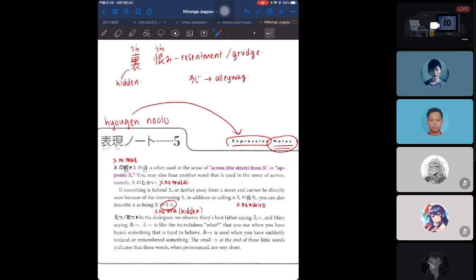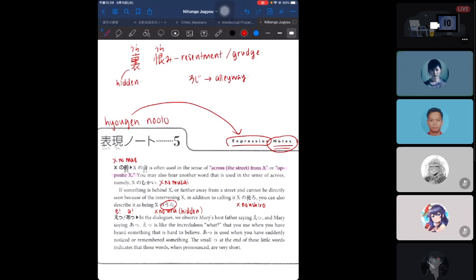And then the last one is え or あ. There's a difference between these two. え means you are shocked. You hear something and you are a bit shocked, like, what?